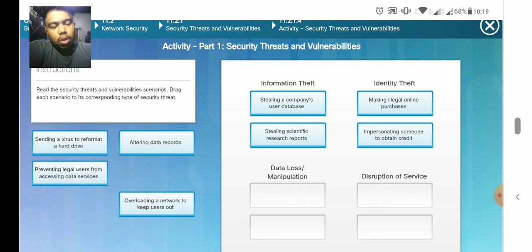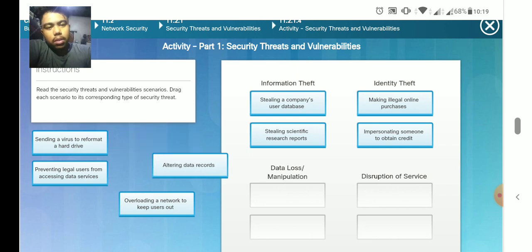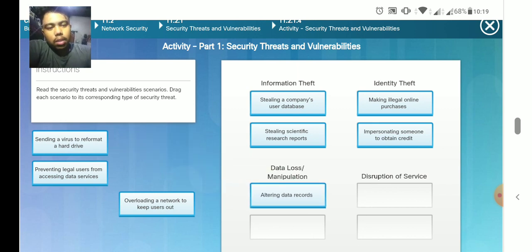Then for data loss and manipulation, we have here altering data records.